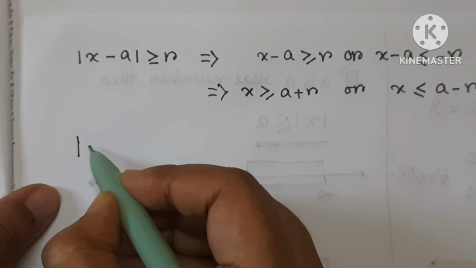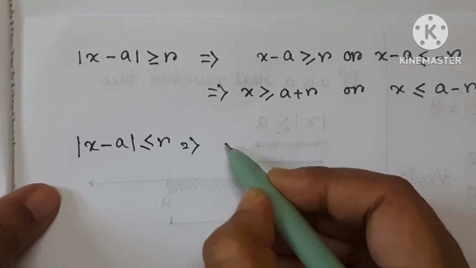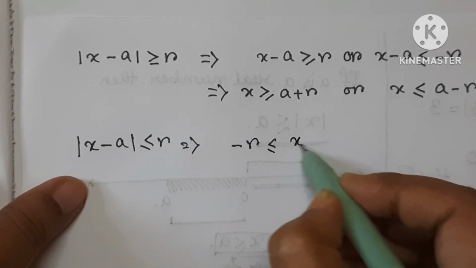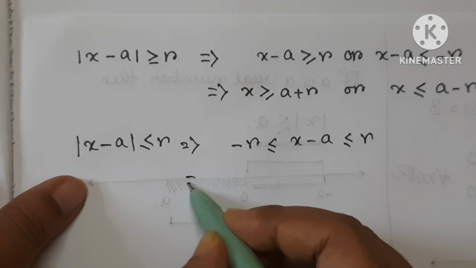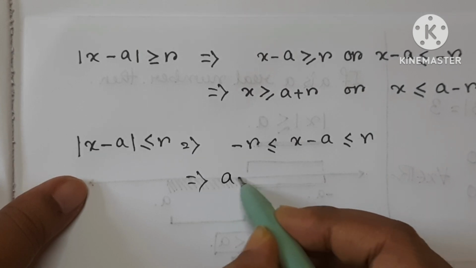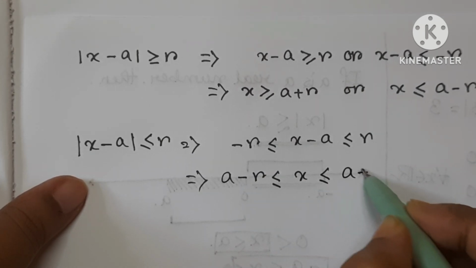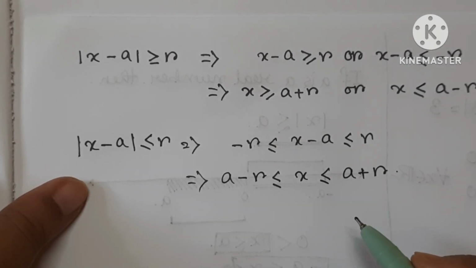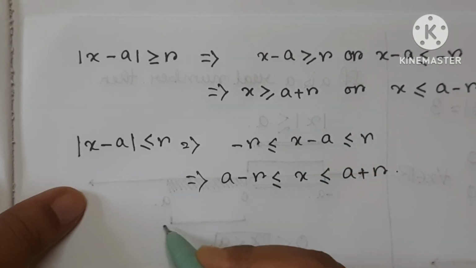Now another result, x minus a less than or equal to r. What does it mean? It means minus r less than or equal to x minus a less than or equal to r. Okay. Now from here you can say a minus r is less than or equal to x less than or equal to a plus r. So in that case we have to find out a plus r.